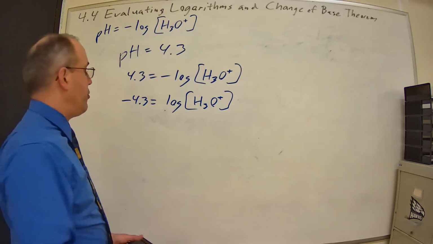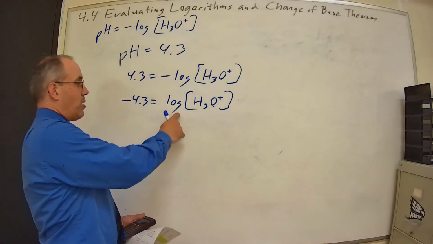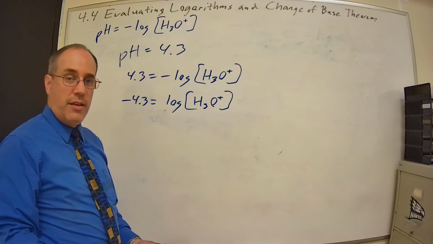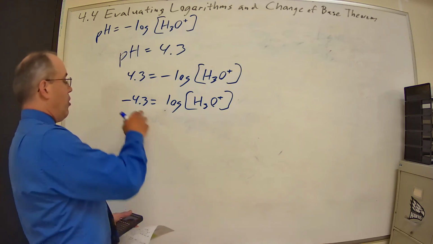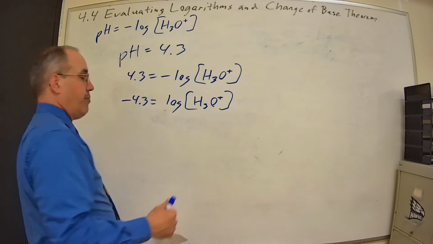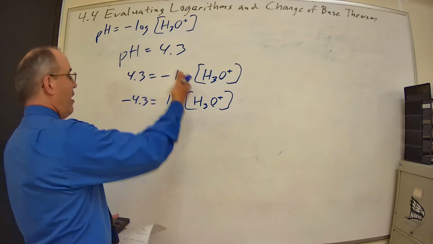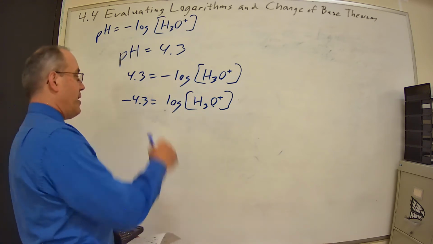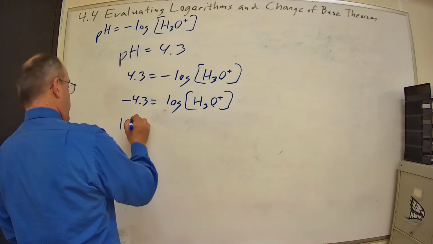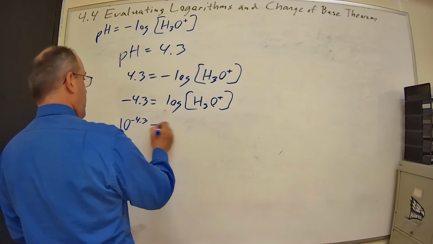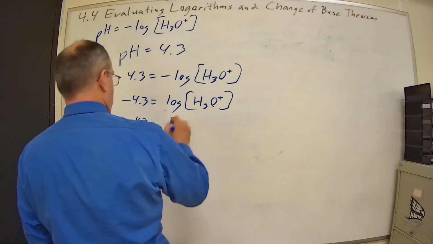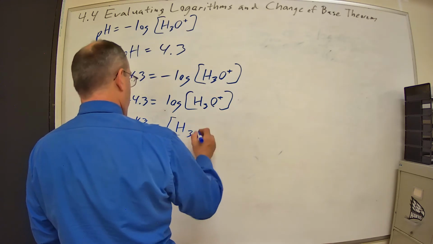Now what do we want to do? Well, log, that's log base 10. So if I take both sides and make it 10 to the whatever, that'll cancel out my log, so I can say 10 to the negative 4.3 is equal to the concentration of hydronium ions.